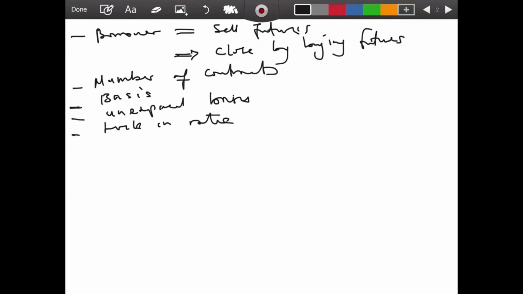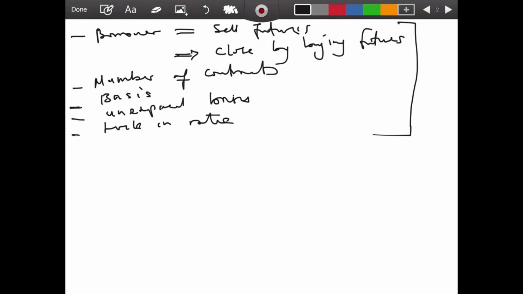If you can have a grasp of this, then it becomes easy to calculate your interest rate future. So what is the lock-in rate here? The lock-in rate is the effective interest rate on that transaction.